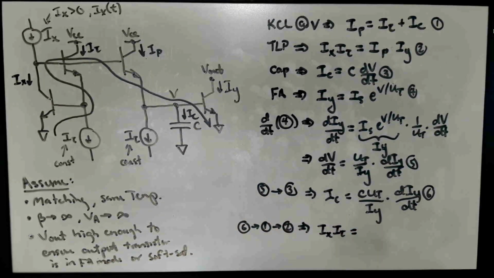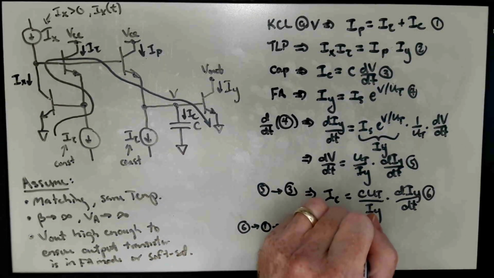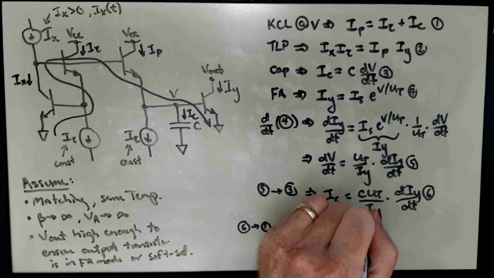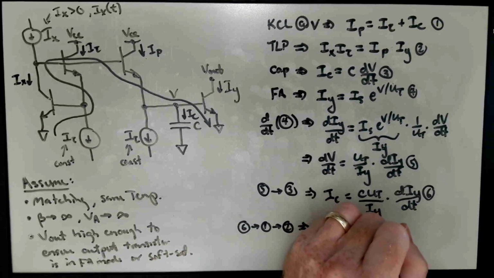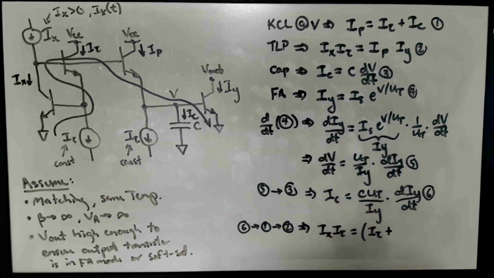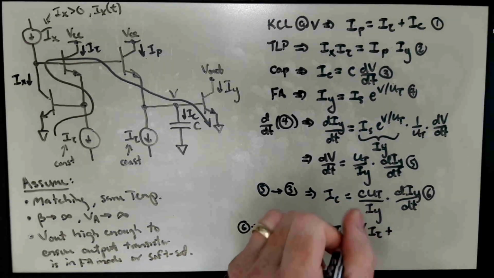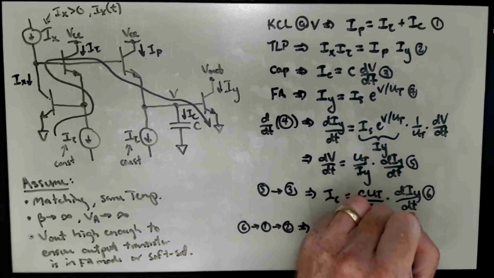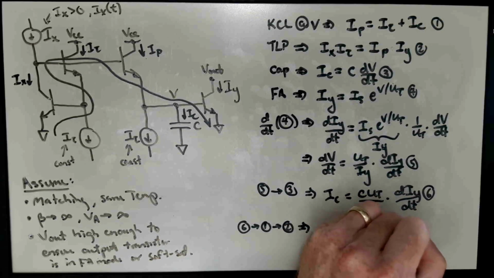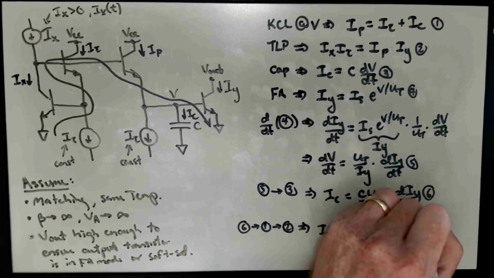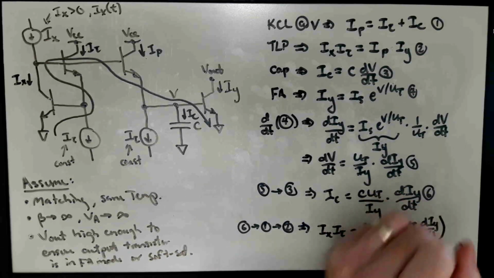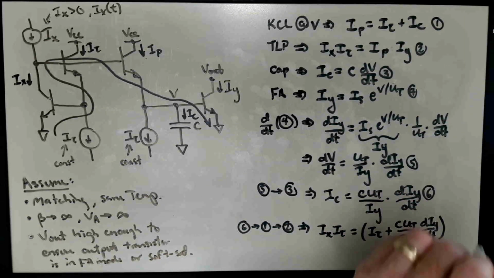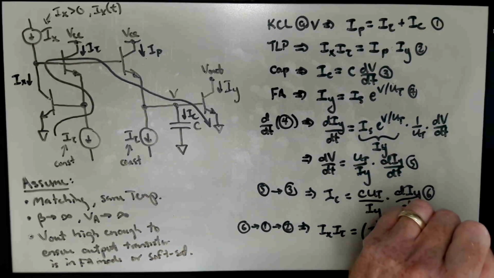And on the right-hand side, we're going to get I tau plus IC, which is in turn CUT over Iy times diy dt, and then we multiply that by Iy.